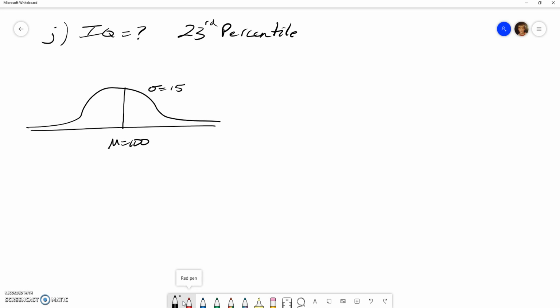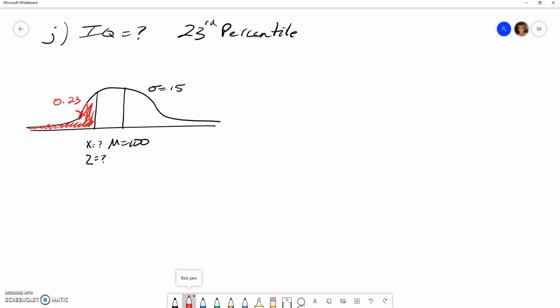Someone in the 23rd percentile is in the lower end of this distribution. So basically, maybe right there, gives us an X value and a Z value, which we don't know yet. That's what we're trying to calculate. So basically, the 23rd percentile is everything in this red area equals 0.23 or 23%.